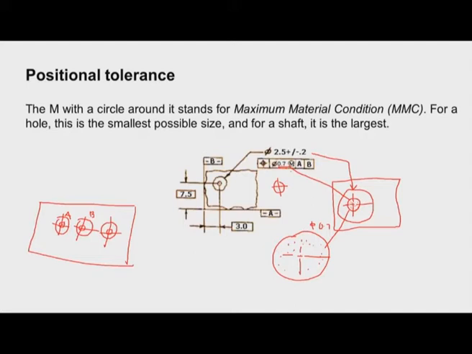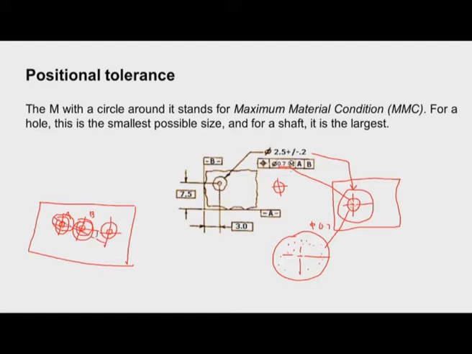Say the hole is drilled taking this as center within the positional tolerance, then we get the hole like this, and in the second case the center is taken somewhere here and the hole is drilled like this. Then when we join these two centers, we get a line like this.